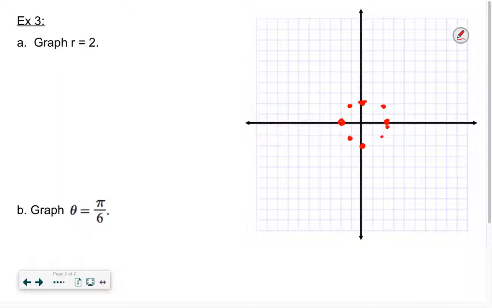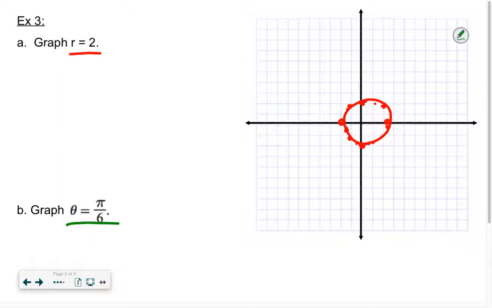This is a distance of 2, that's a distance of 2, which essentially forms a what for us? Circle. If you have a radius of 2, we don't know which way to go, but what we do know is if I'm on that circle, I'm 2 units away from the origin. So anytime they give you an r of 2, it's a circle. r of 3 would be a circle with radius 3. r of 4 would be a circle with radius of 4.